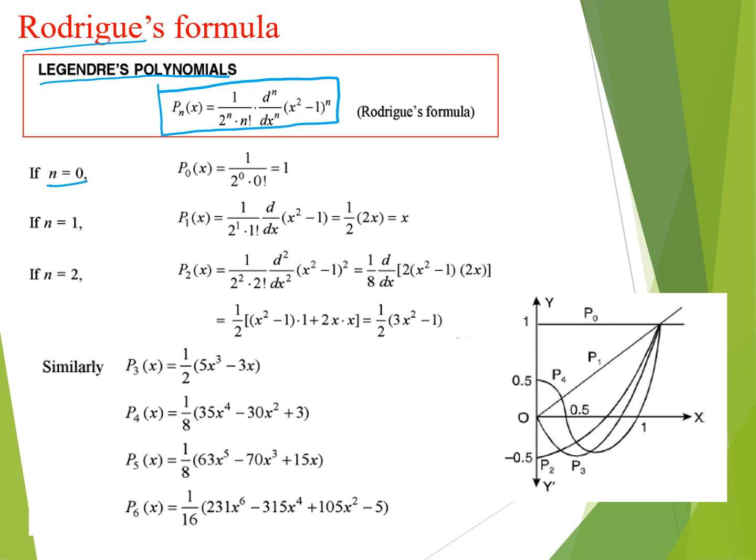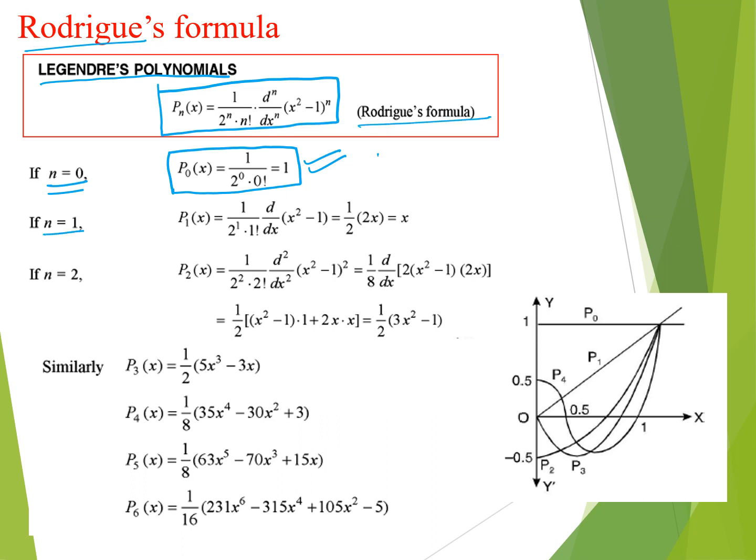If we substitute n = 0, we find that P0(x) = 1, which we have already discussed previously. In a few derivations the value of P0(x) = 1 is already given, and it is calculated using the Rodrigues formula.